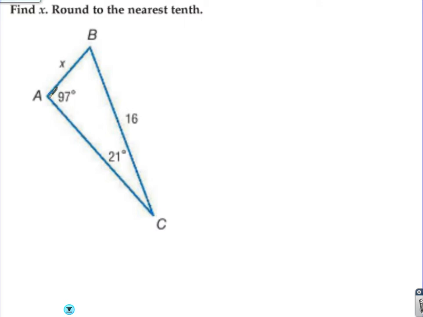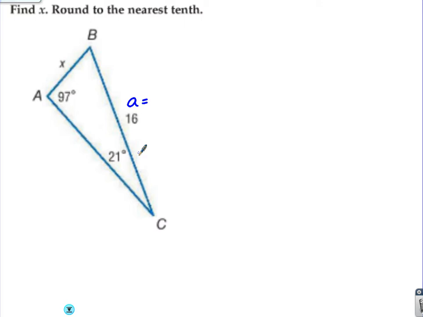If this is angle A, side a is located opposite or across from it. This would be side a. Side a is 16. Something else I didn't point out a while ago. Notice that angles are named with capital letters. Sides are named with lowercase letters. That's something you need to know. So if angle A is 97 degrees, side a is 16. Angle C is 21 degrees.